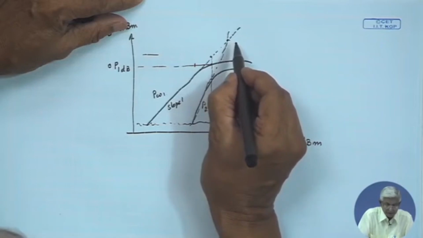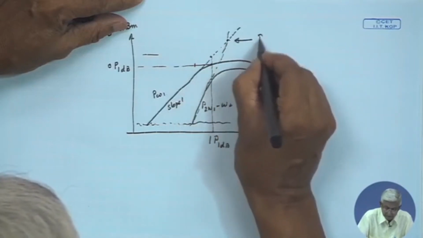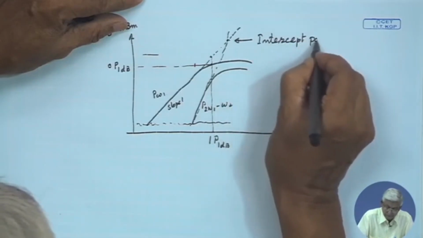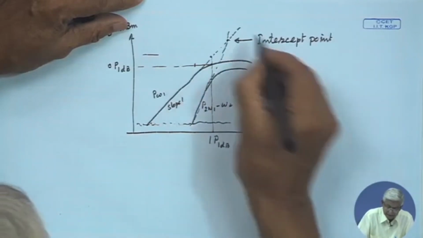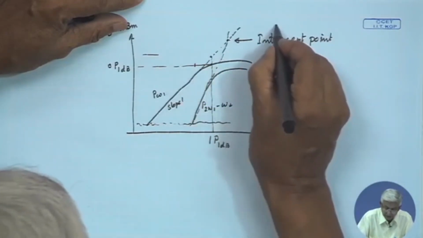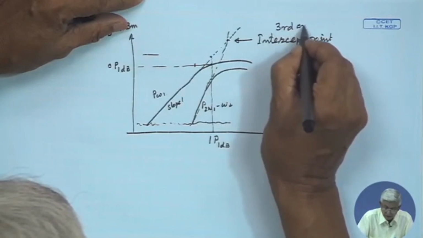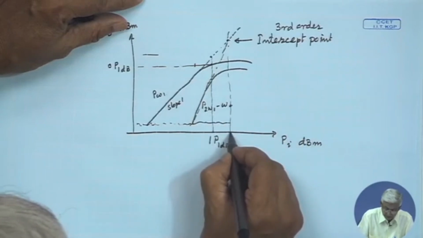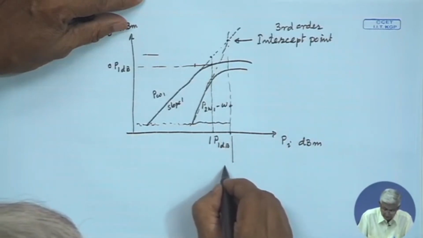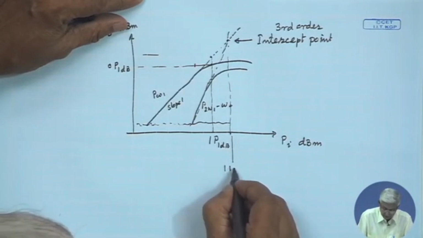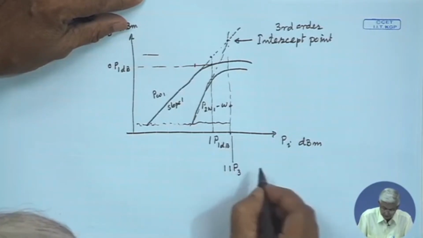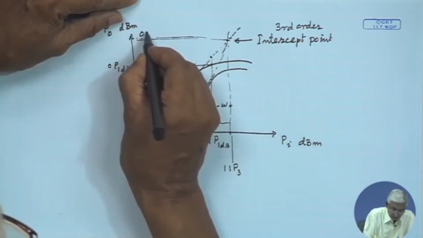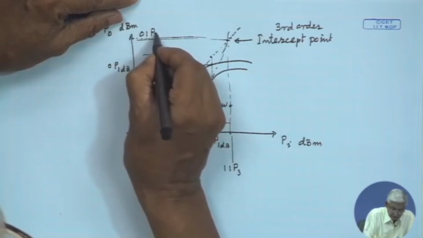Now, this point is defined as intercept point, and since it is taken from the third order, it is called third order intercept point. From the input side, we can define this as input intercept point third order, and this side we can define as output intercept point third order, 3 for third order.